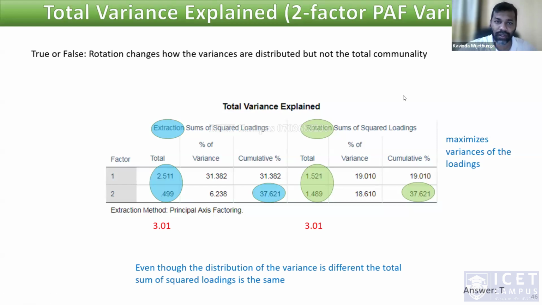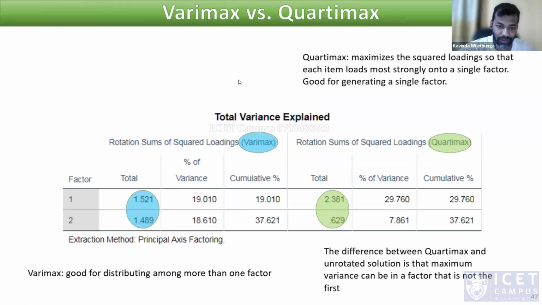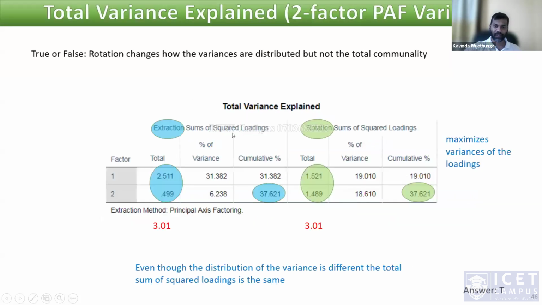Right, so the other one, Varimax. We can go to another method and see with Varimax. Varimax maximizes the squared loadings so that each item loads mostly onto a single factor. The only difference is here: Analyze, Dimension Reduction, Factor.